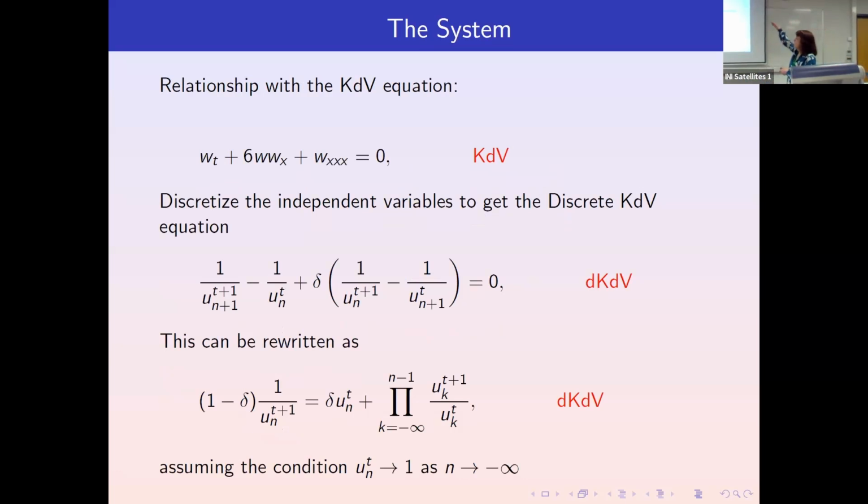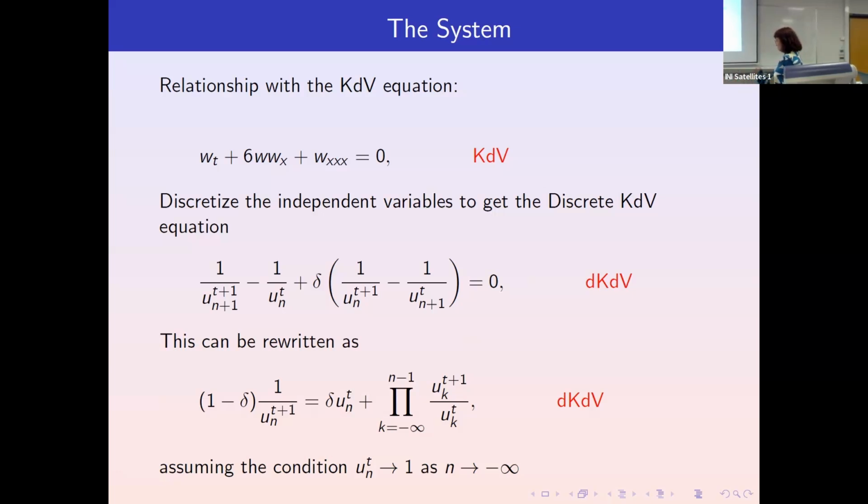I don't really want to spend time on the relationship with the KdV equation because it's not a lot of time, but basically you can do a discretized version of the KdV equation. This gives me my discrete version, and here it's rewritten in the way that I want.